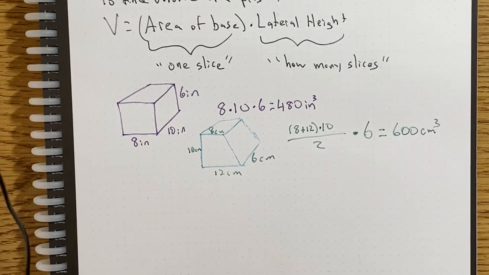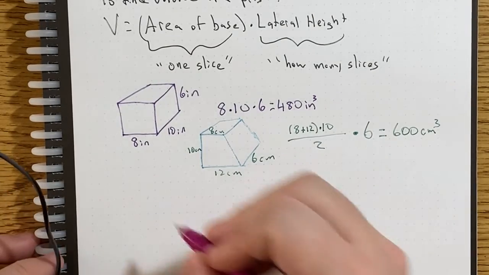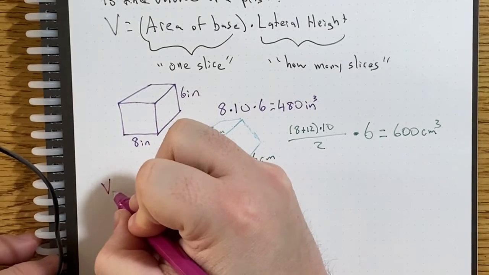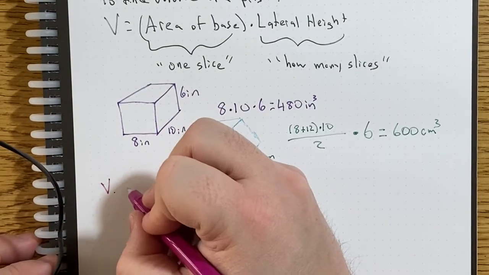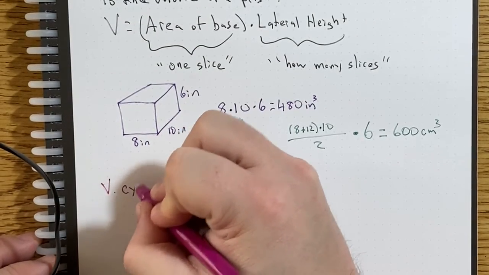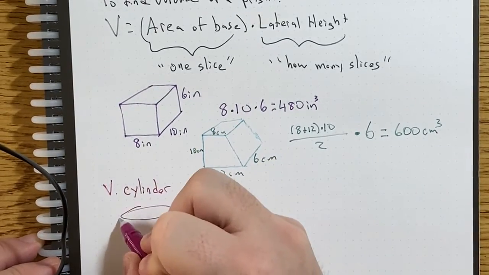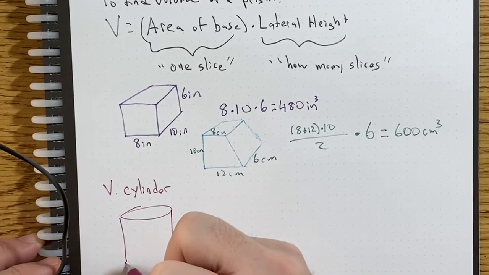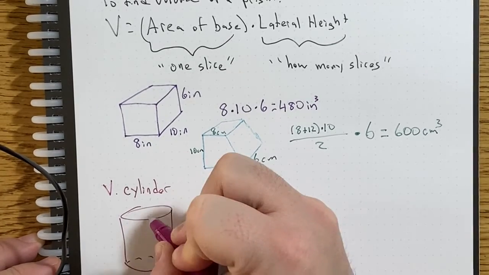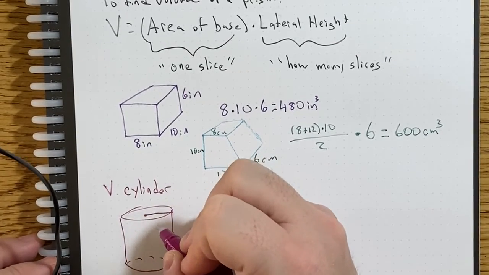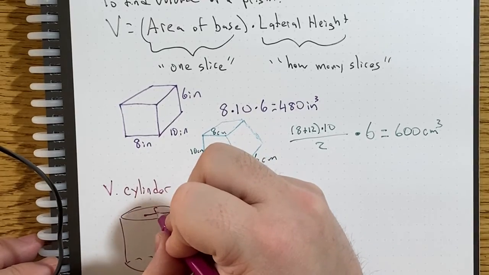Alrighty. So cylinder, it's basically the 100% exact same thing. It's just going to be one slice times its lateral height. Now hopefully you remember the area of the circle, which is the base, is r squared pi.